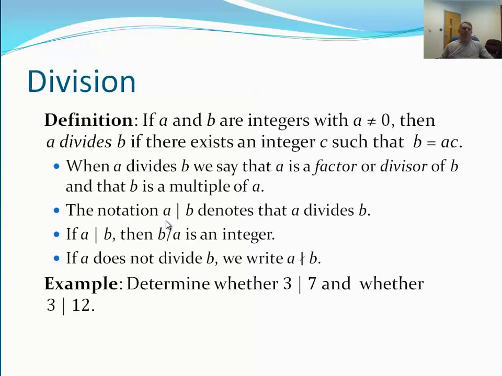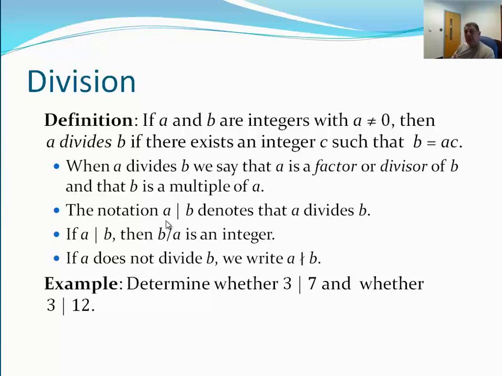Let's look at division first. Here's the official definition: if A and B are integers and A is a non-zero value, because we're going to look at B divided by A, the denominator can never be 0.